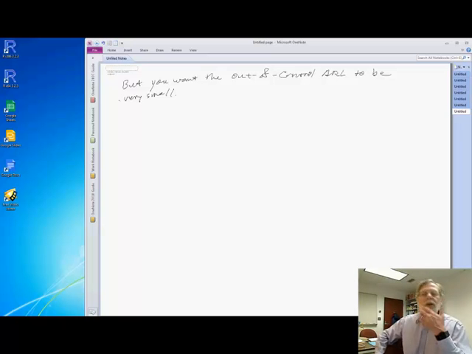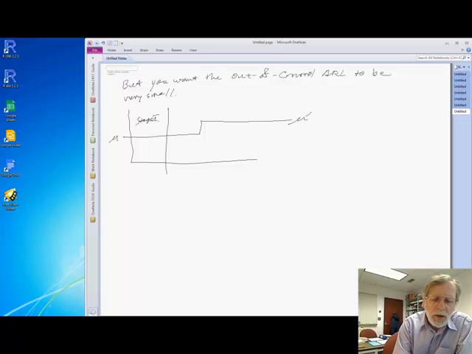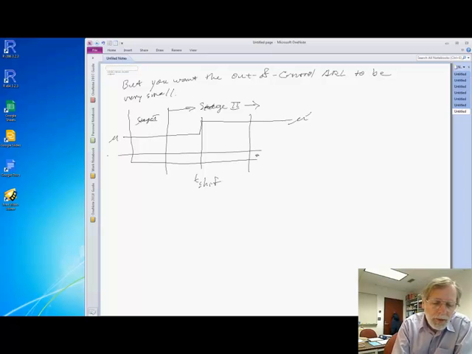Now, if you're thinking about what I've been doing in this screencast and the last one, you're going to say, well, hold it now. We just talked about that. What we've already talked about is this: we were going along just fine in stage 2. Here's stage 1, and here's stage 2. We got a shift in the mean, and this point is the true value of the shift, and we got our signal, maybe here.